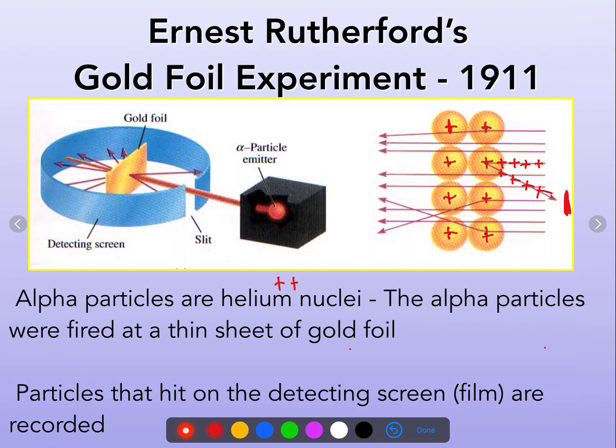If, alternatively, those alpha particles hit the nucleus, but not straight on, they bounced and they went off course like this. And they ended up lighting up the screen over there.